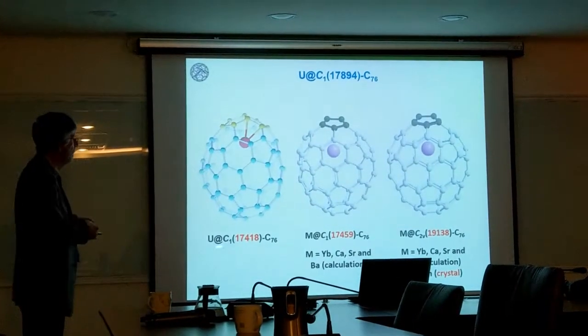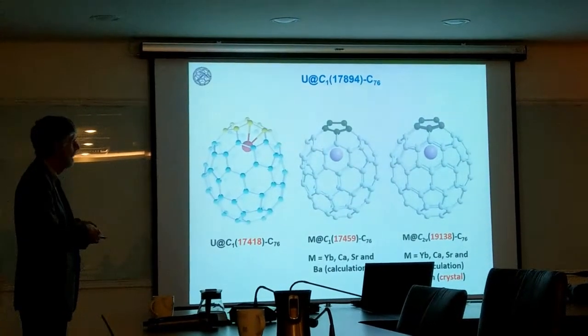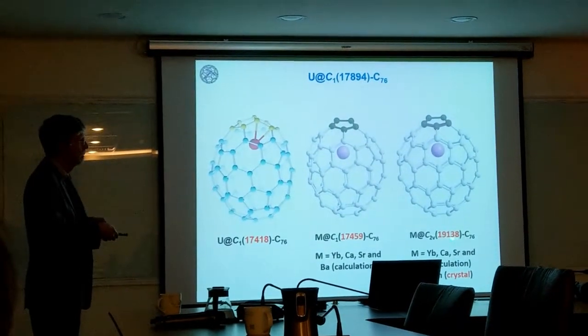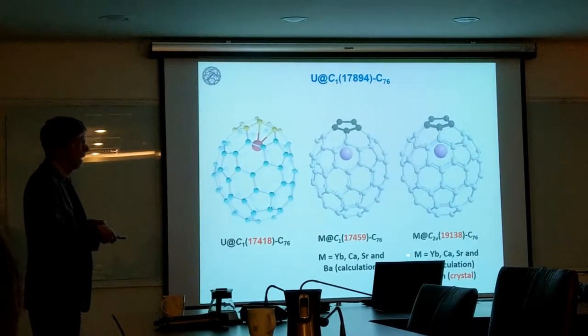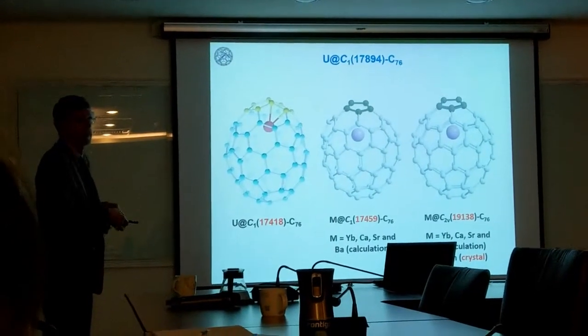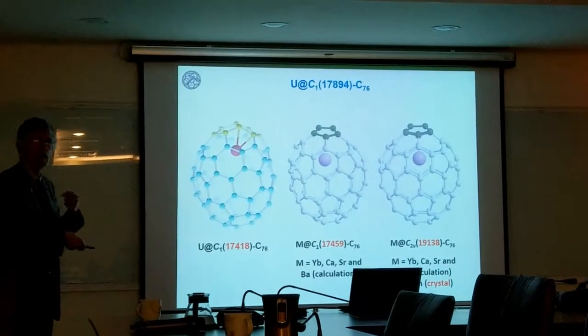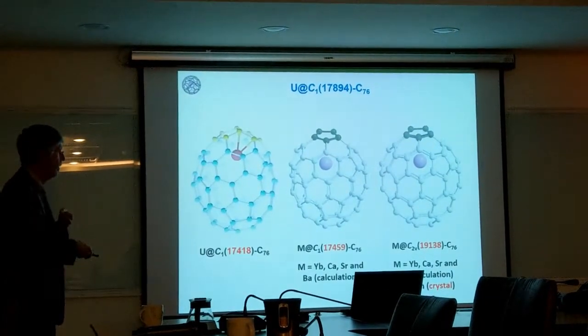The interaction that you see, this is the compound in C76, there is only one other violation of the isolated pentagon rule on C76, and that was reported for samarium by crystal structure. So this is the only other violation of the isolated pentagon rule.